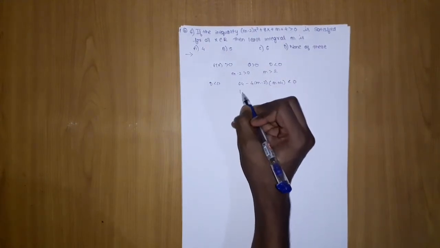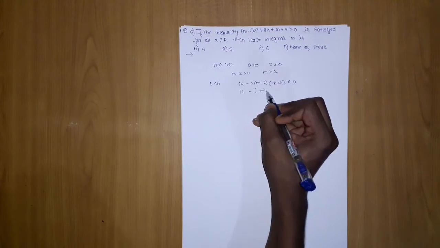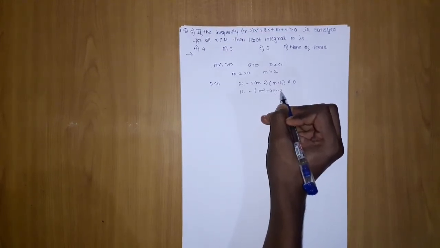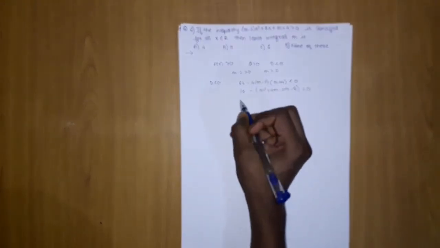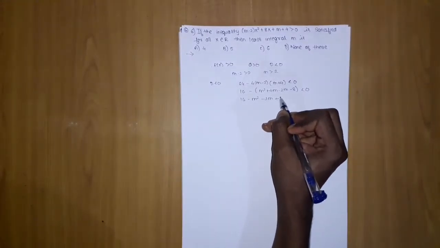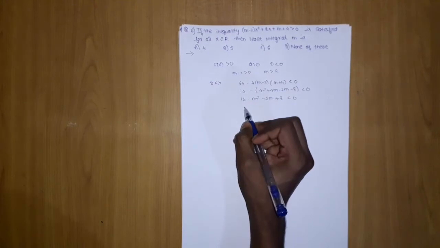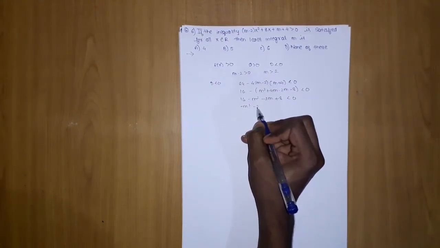Now if we cut, it will become 16 minus m square plus 4m minus 2m minus 8 should be less than 0. Moving on further, 16 minus m square minus 2m plus 8 should be less than 0.